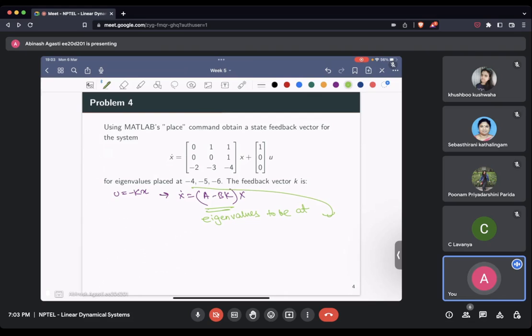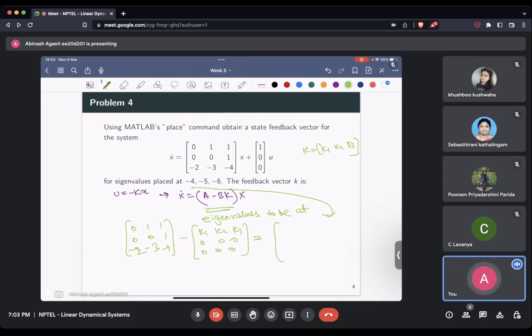Just the same procedure. I have an A, I have B. I'll plug in a general K. K is a row vector of K1, K2, K3. Then I'll have A as 0 1 1, 0 0 1, -2 -3 -4, and BK will be just K1, K2, K3, and the rest will be 0.